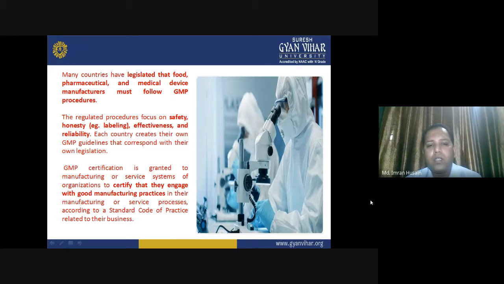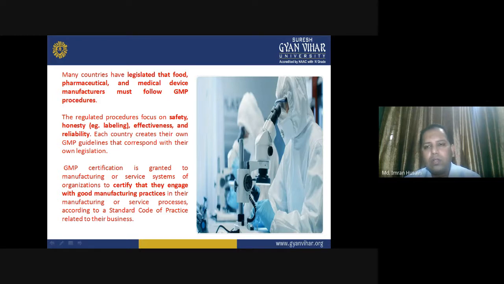GMP certification is granted to a manufacturing or service system of an organization to certify that they engage in good manufacturing practices in their manufacturing or service processes.